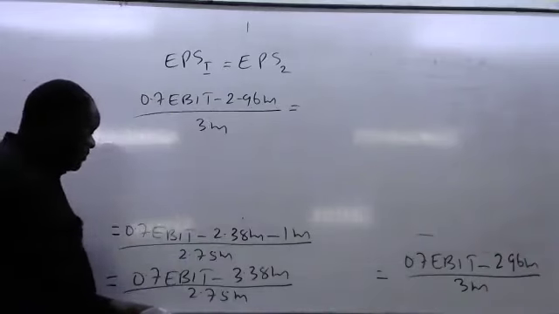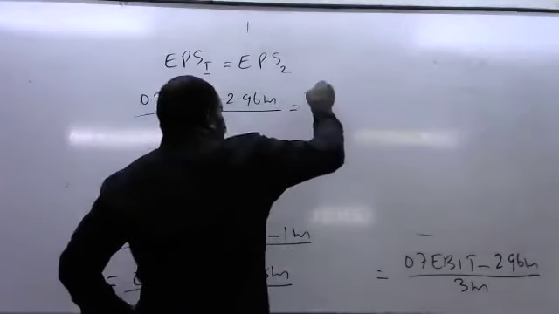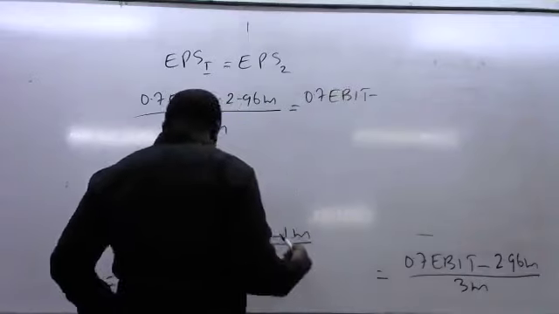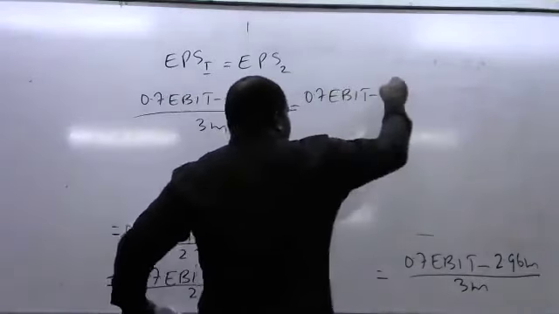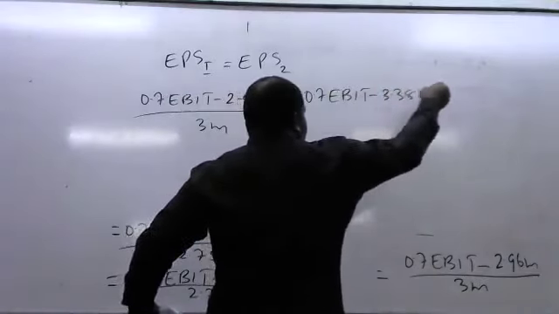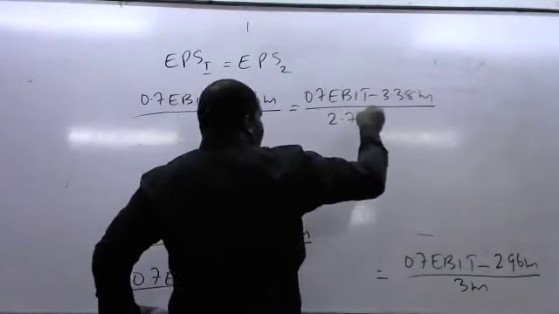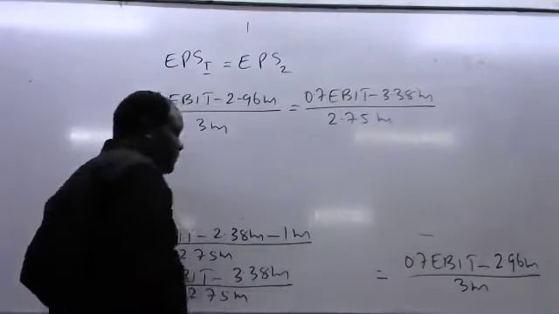What we have just prepared down here is 0.7 earnings before interest and tax, minus 3.38 millions, then we divide by 2.75 millions.